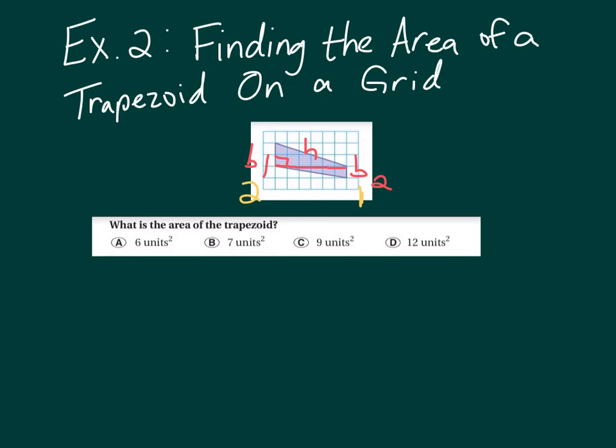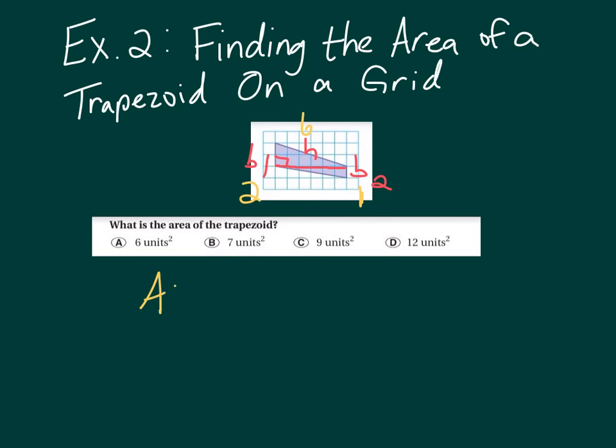And then for the height, we count across number of boxes, and again, it's on a straight line now because we cut from one corner down to the base and it made a 90-degree angle. So we've got 1, 2, 3, 4, 5, 6 boxes all the way across, so our height would be equal to 6.